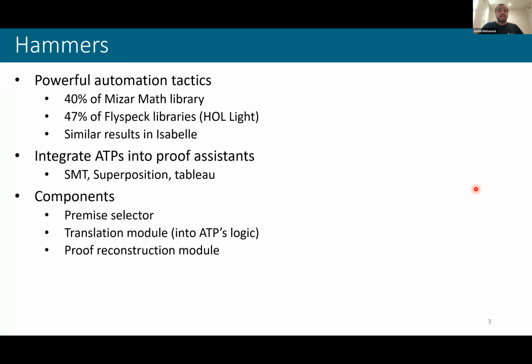A hammer is mainly composed of three components. The first one is the premise selector that basically goes and selects the relevant premises that I need to prove the goal. And then the other two components are the translation module that basically translates the theorem prover's problem in the theorem prover's logic into the automatic theorem prover's logic, and the last step is the proof reconstruction module that basically reconstructs the proof.